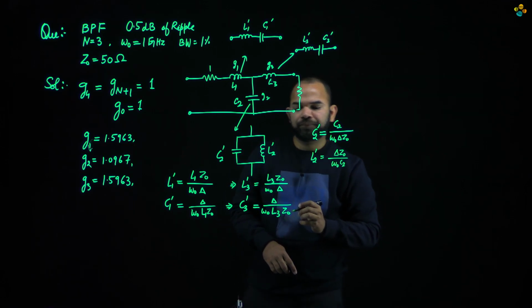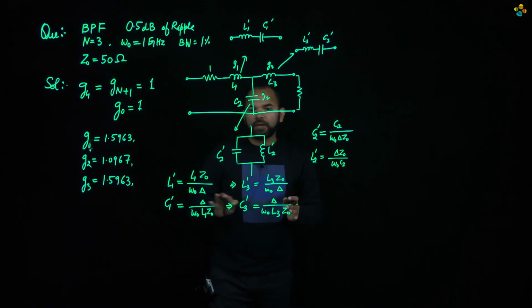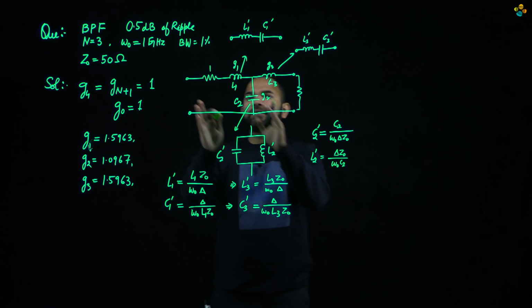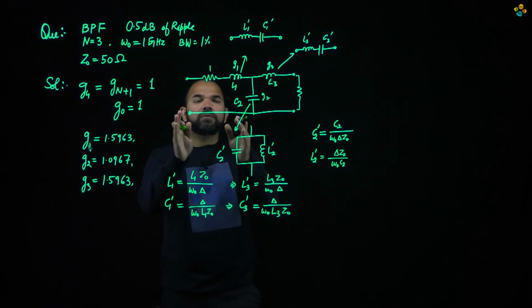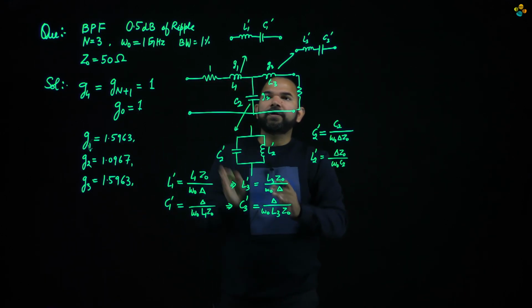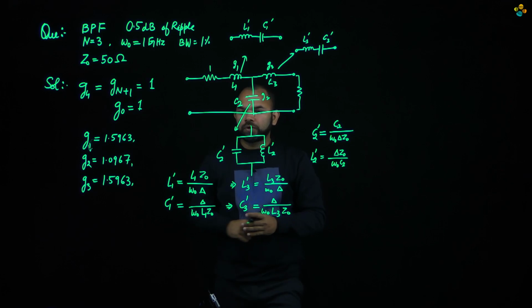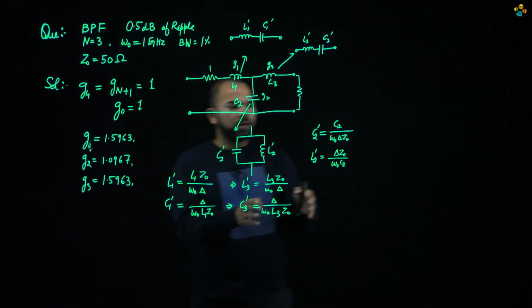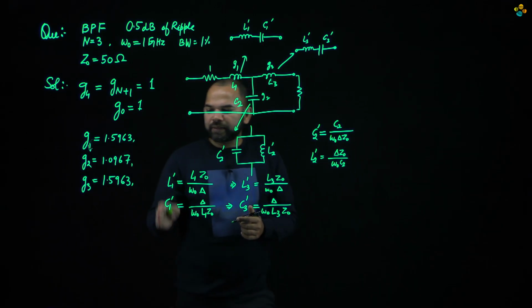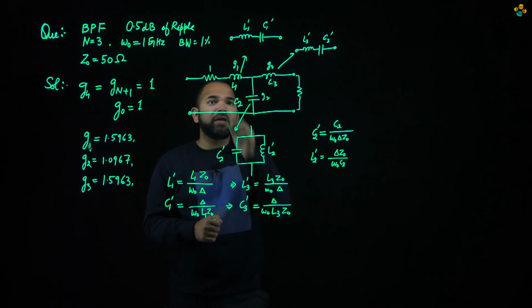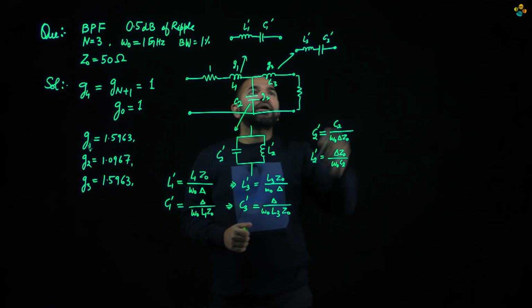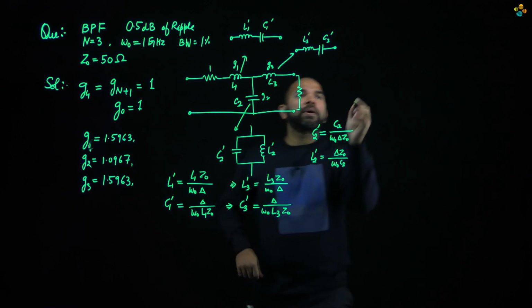C2. So this is a kind of transformation that we need to perform in order to translate this low pass filter to a band pass filter. So by solving all these equations, we can get these values L1 dash, C1 dash, and we can make an equivalent band pass filter.